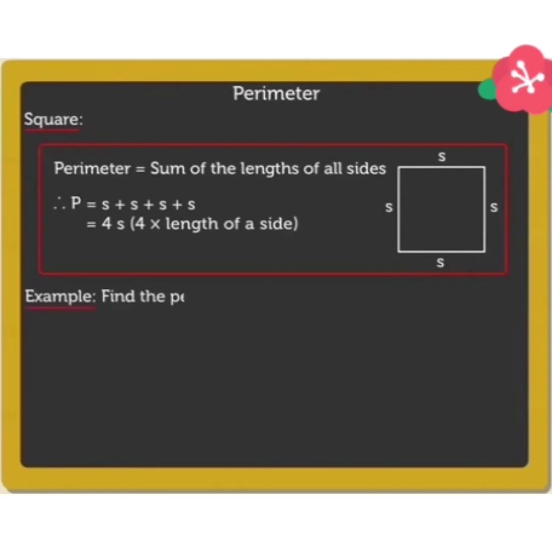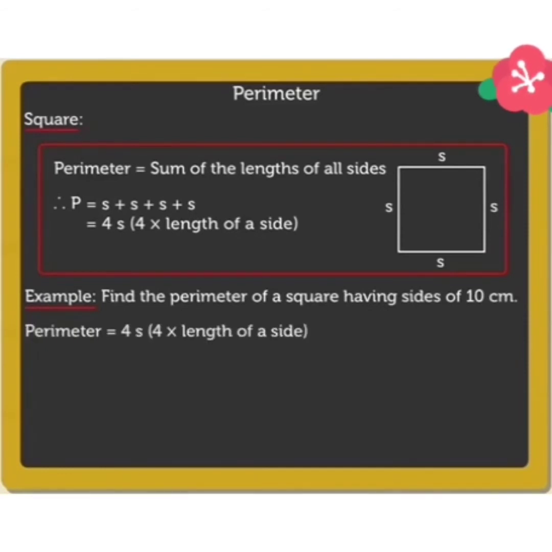Example, find the perimeter of a square having sides of 10 centimeters. Using the formula, P is equal to 4 into 10 centimeters, which is equal to 40 centimeters. Therefore, perimeter of the square is 40 centimeters.